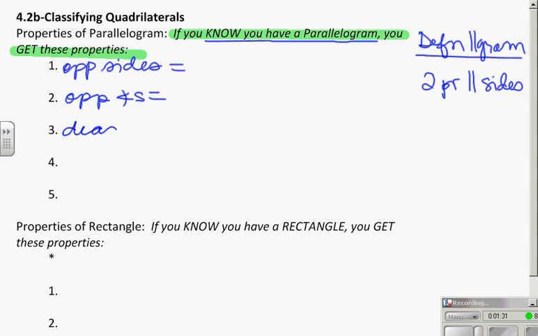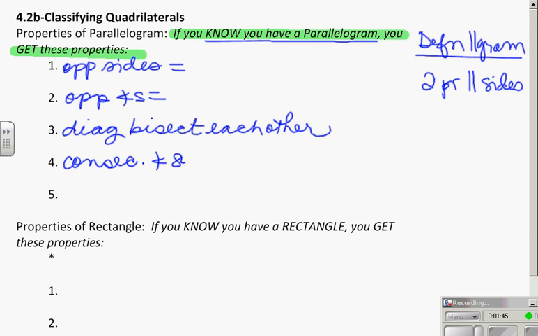We know that the diagonals bisect each other, and I will draw a picture of that in a minute. I know that the consecutive angles are supplementary, and that has to do with those parallel lines. We played with that in the homework. And I know that the diagonals form 2 congruent triangles.